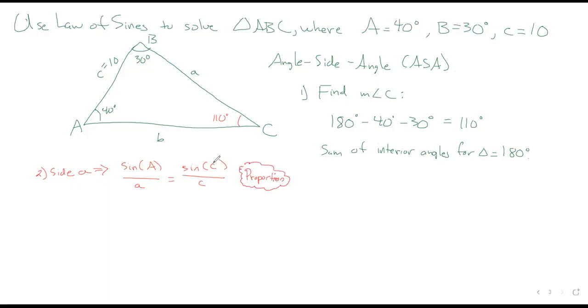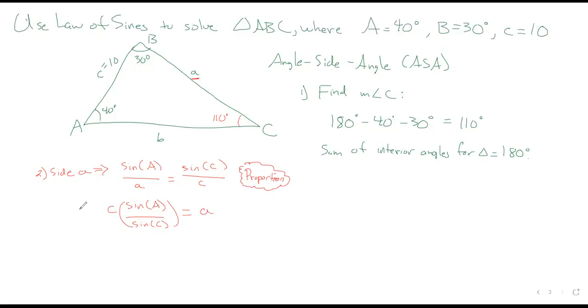So we're going to go ahead and isolate side A because that's what I'm looking for. So we do a little cross multiplying and a little dividing to get A by itself. And we end up with C times the quantity sine of angle A over sine of angle C, and that's going to be equal to side A.